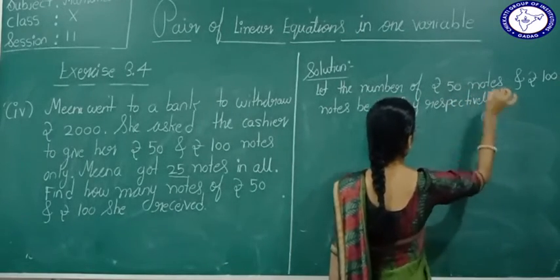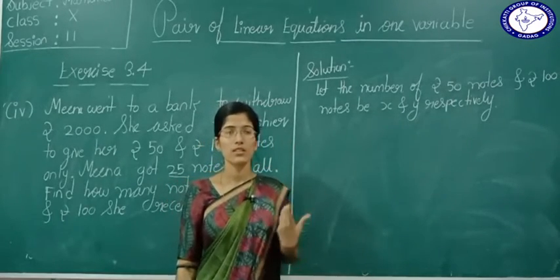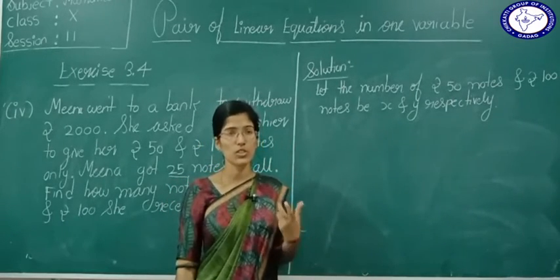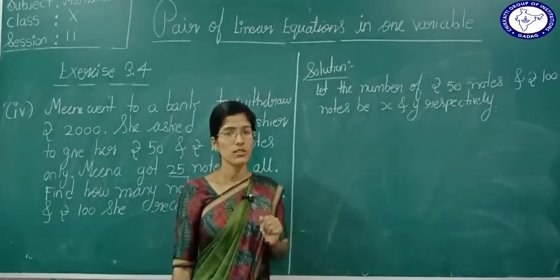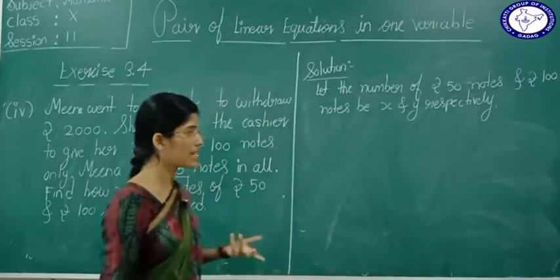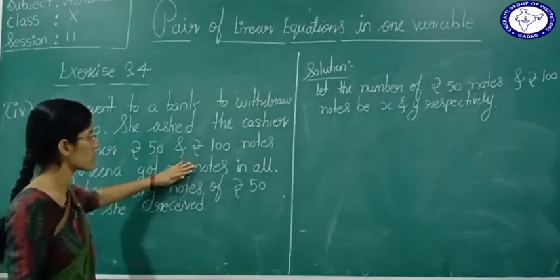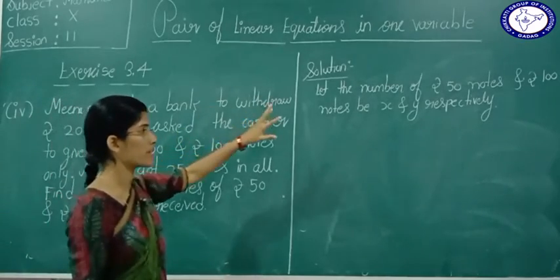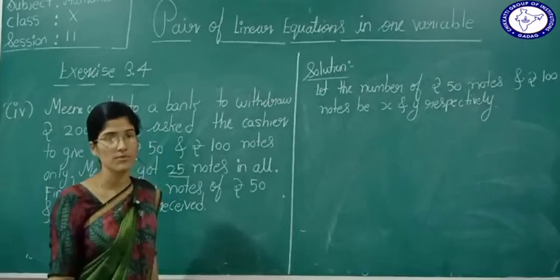They told us to find out how many 50 rupees notes and 100 rupees notes she got. In total she went to the bank to withdraw 2000 rupees. And they have given us a hint, that she got 25 notes. In these 25 notes, how many 50 notes and how many 100 rupees notes are there, we have to find out here.